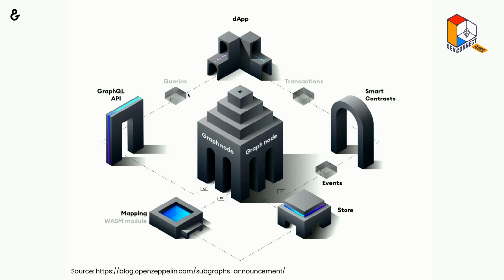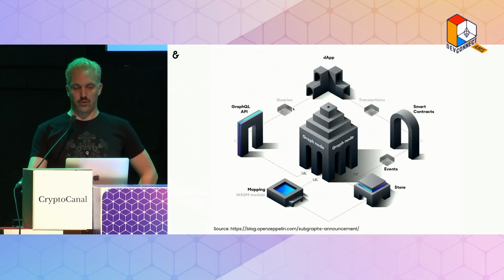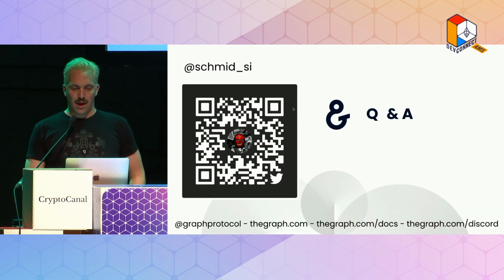The mappings make sense out of these events, check what's already in the database, and then update the database and put it into the store. Then on the other side, on the left with the queries, when you query the GraphQL API, it goes also into the graph node, gets the data out of the store and provides it to your dApp. So this is the cycle of the graph node.